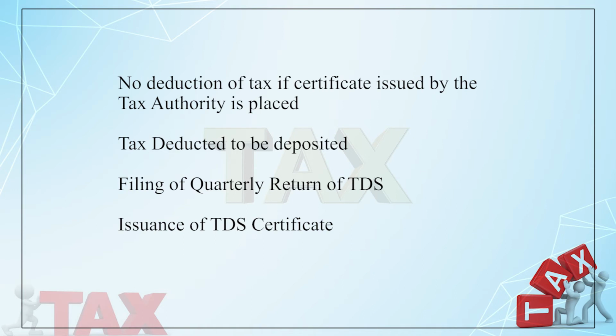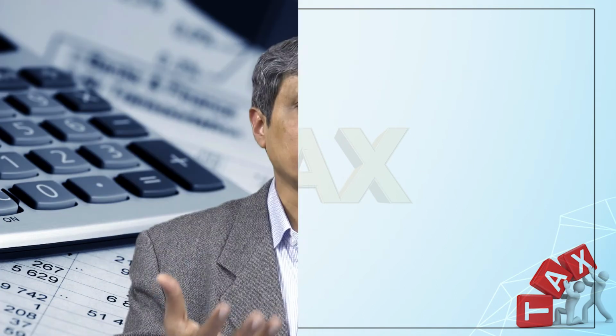And TDS is looked at as an advance payment of tax. That means the company is paying taxes on my behalf in advance, before I actually go for my advance tax calculation or filing the return.